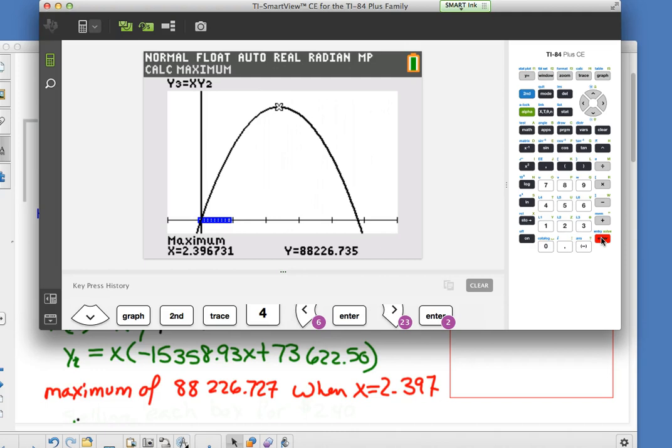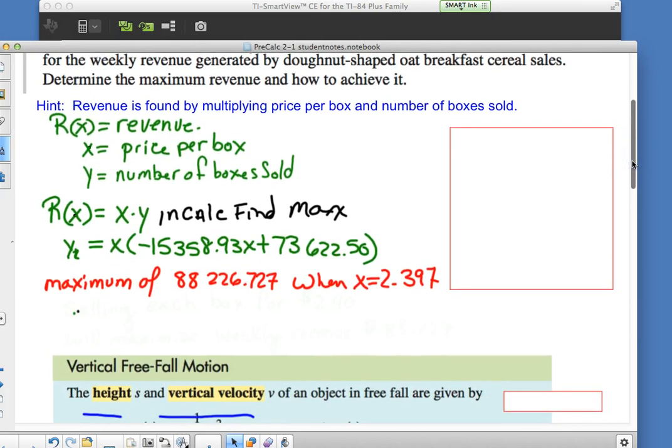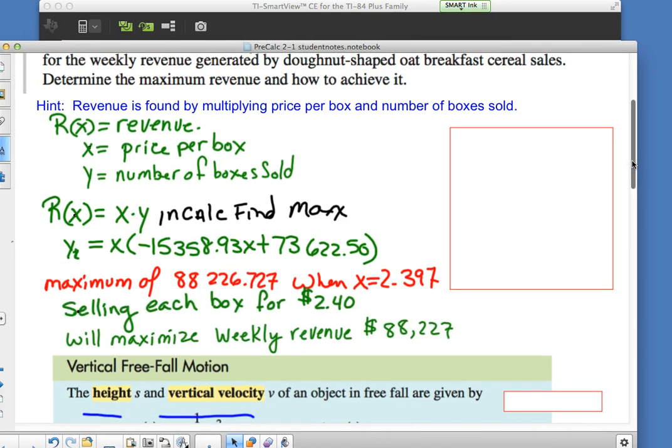So I was able to find my X and Y value, X being the cost of my boxes of the brand of cereal we're selling, and my Y being my revenue. I should say revenue, I shouldn't say profit. Okay, so selling each box for $2.40 will maximize weekly revenue.